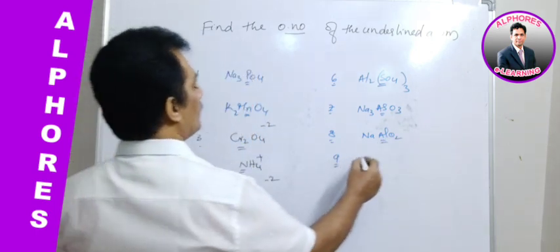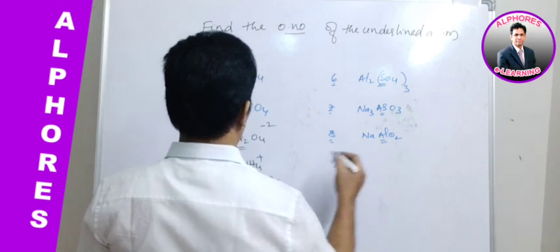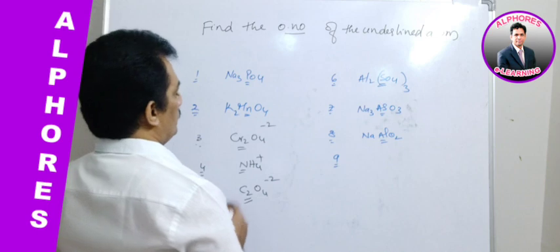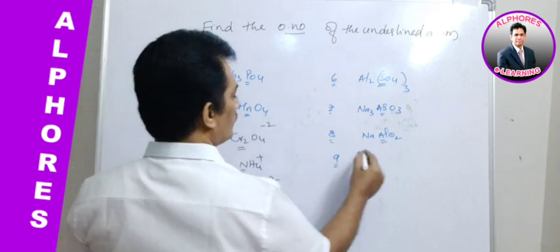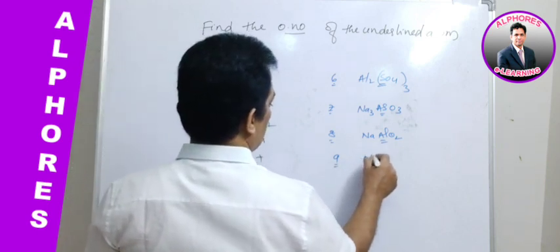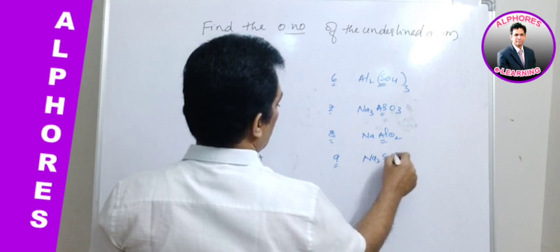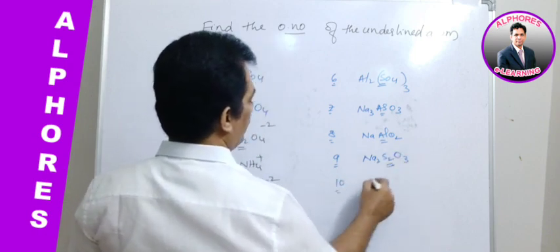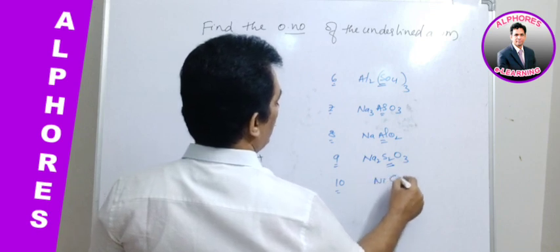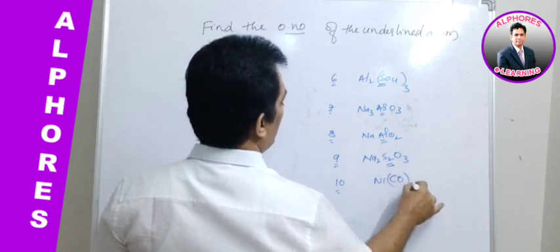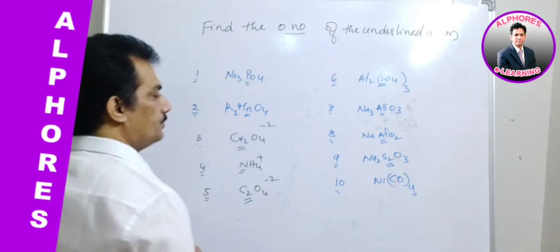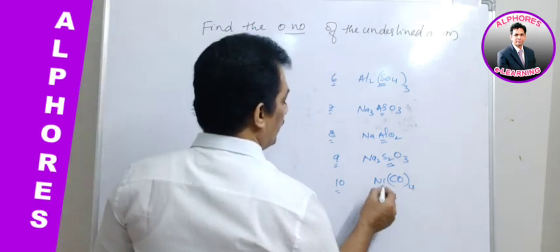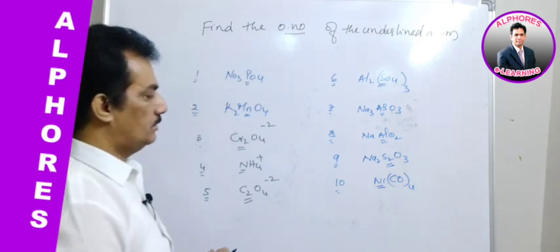and then here let me give this, Na2S2O3, and then nickel carbonyl. Here you find the oxidation state of nickel.